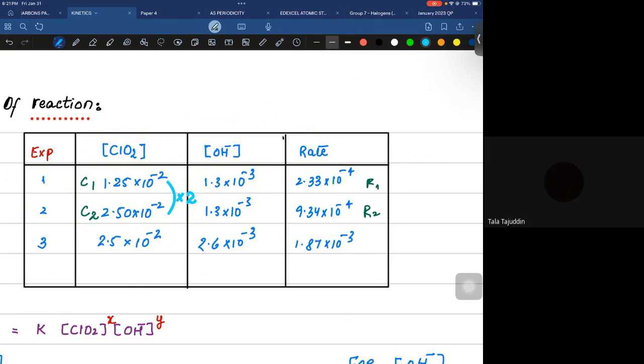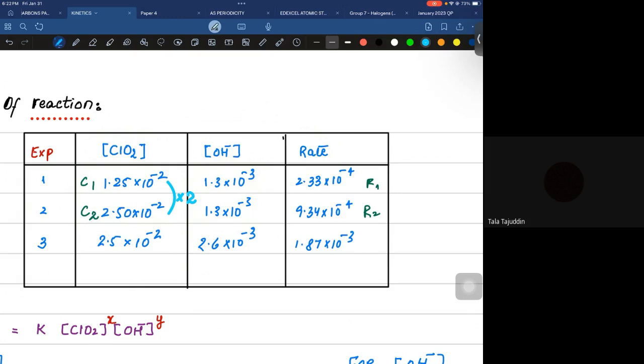As a result, I would see the rate, because I have to change the concentration and then see what the effect is on rate.